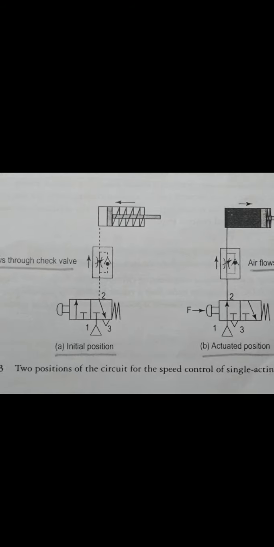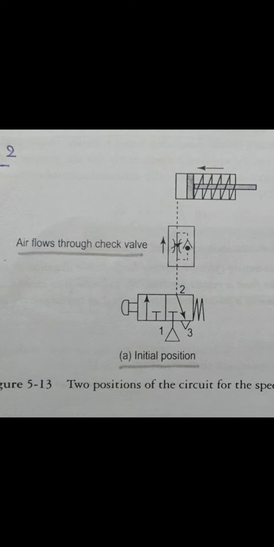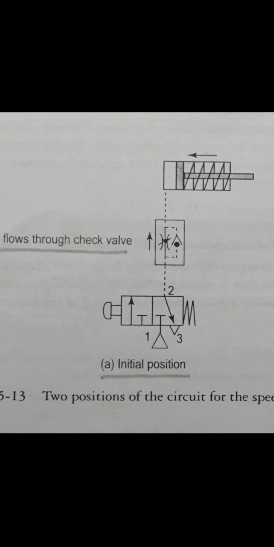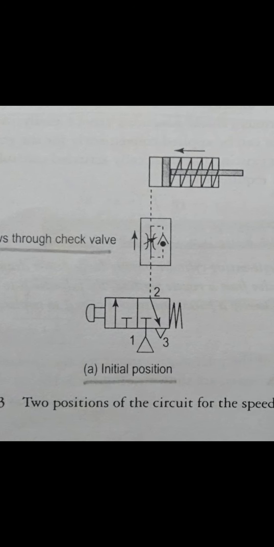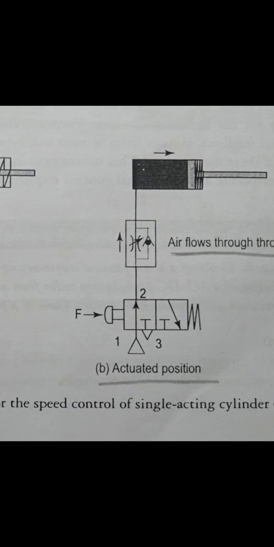Now this is the circuit you can see here. This is the initial position which you can see on your screen, whereas this is the actuated position.